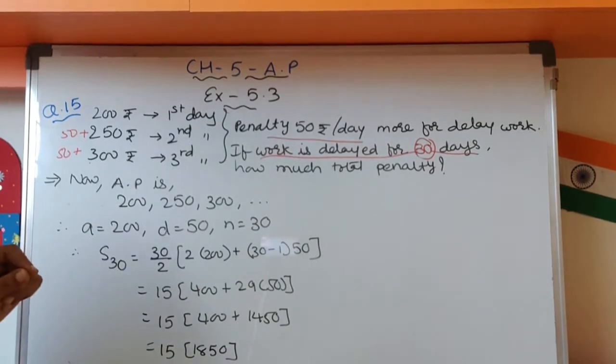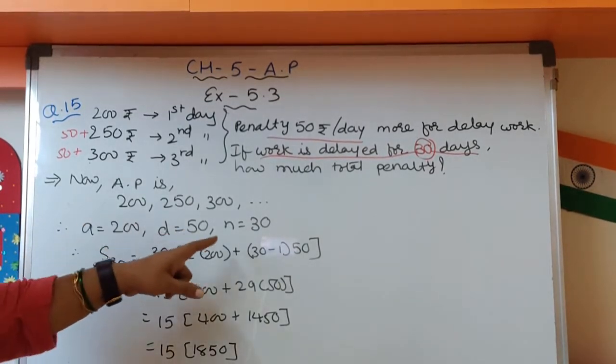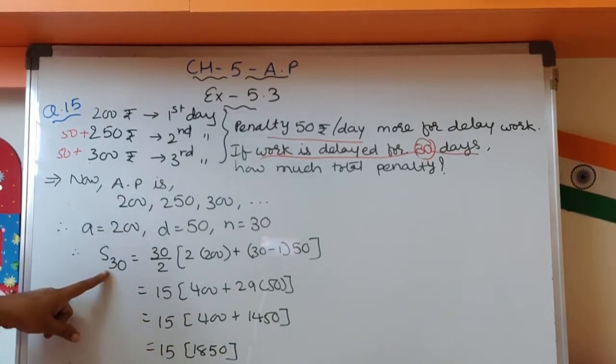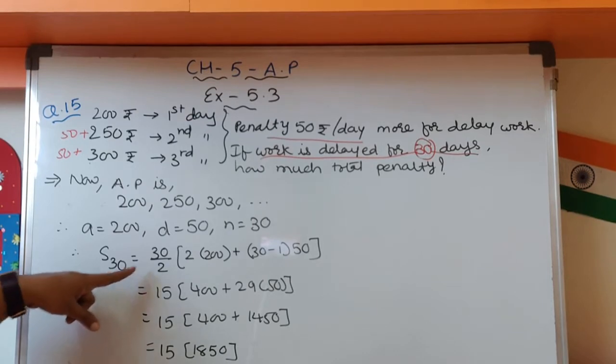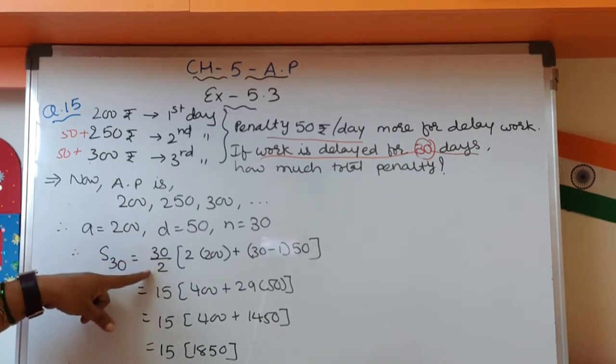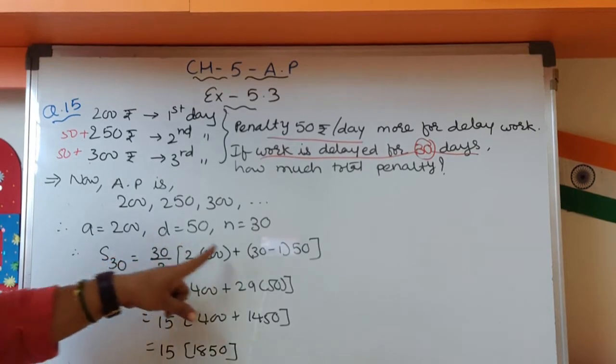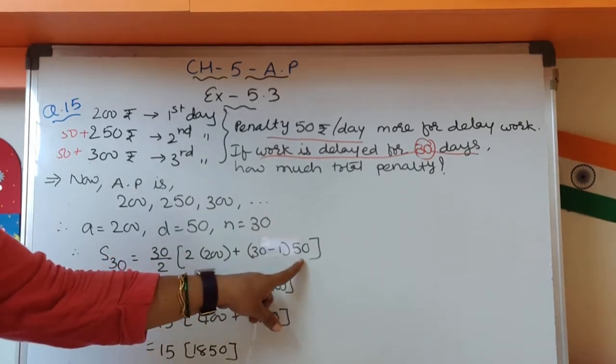For that, as you know, we need n, A, D. Now I directly put the values, as we have to find the total penalty for 30 days. So n by 2 means 30 by 2 into the bracket 2 into a, which is 200, plus (n minus 1) into d.